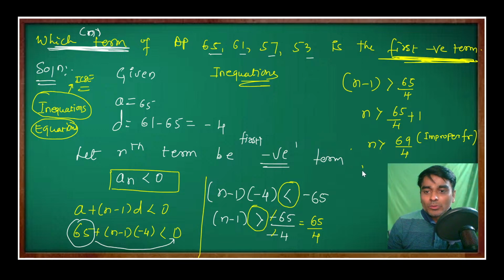So n will be greater than 4 into 17 and 1. 4 17s are 68 and then 1. Hope you are able to see that.